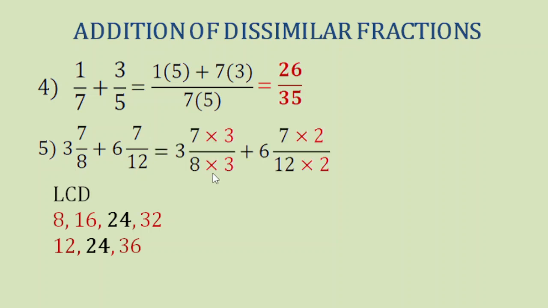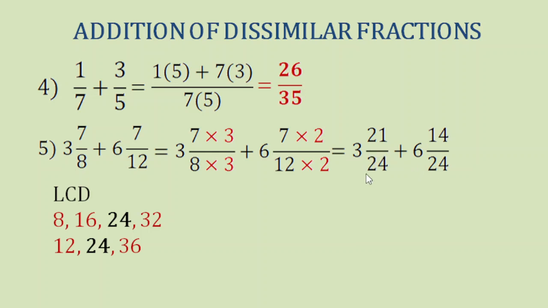So it looks like this: 3 and 7 times 3 over 8 times 3 plus 6 and 7 times 2 over 12 times 2. Simplifying these parts, we get 3 and 21 over 24 plus 6 and 14 over 24.